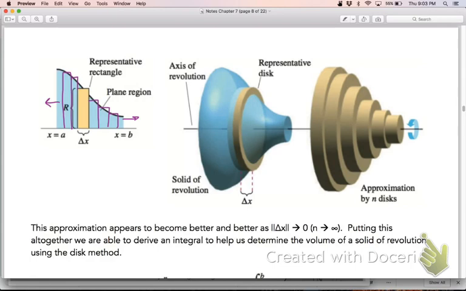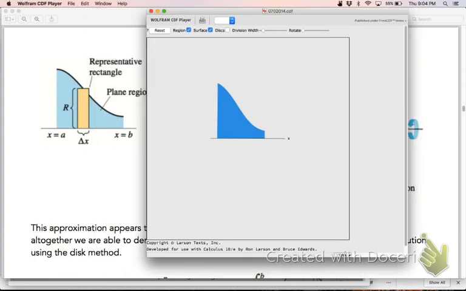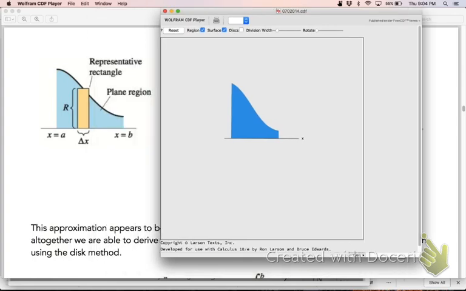And so what this is going to look like, I have this on, let's see here. This is the figure that we're looking at. So this is this guy right here. What this is going to look like as a solid is if we rotate this, we're literally going to spin this around the y-axis.